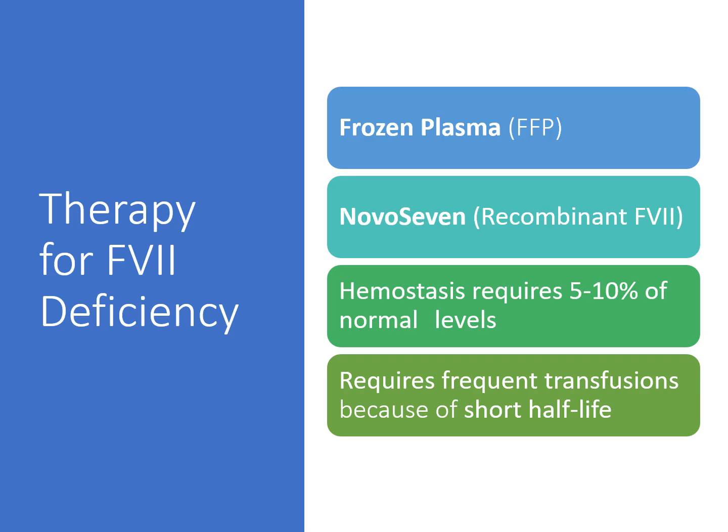So what we can do is give the patient factor 7, and it will circumvent the intrinsic pathway and bypass that step to allow normal coagulation to occur. And we'll talk more about factor inhibitors a little bit down the road. I just want to introduce you to that because Novo 7 is going to play an important role in our ability to circumvent that inhibitor.